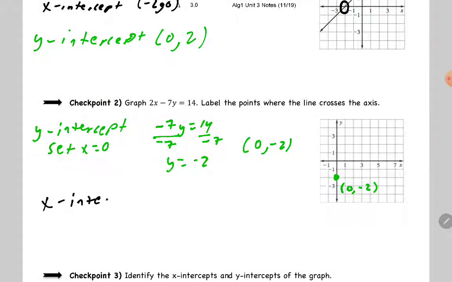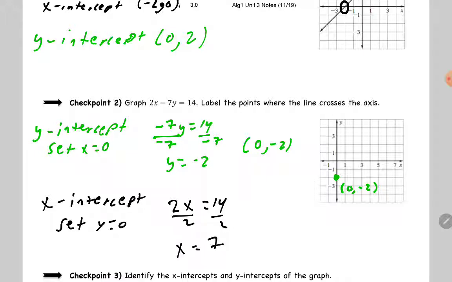X-intercept, set y equal to 0. So I have 2 times x minus 7 times 0, which is 0, equals 14, divided by 2, x equals 7. So I have 7, comma, 0, which is all the way over here.